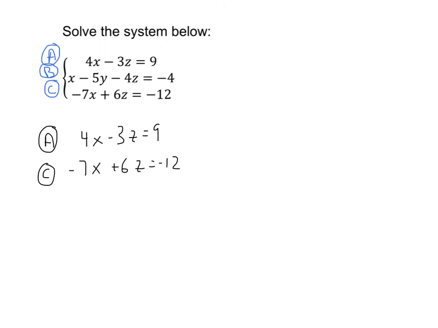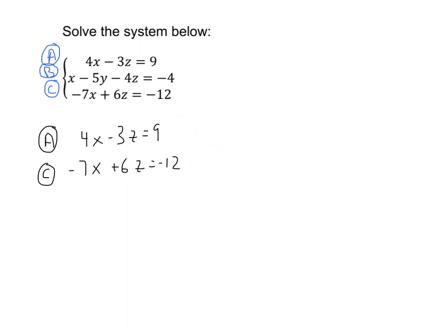Do we know how to work with 2 equations with 2 unknowns? The answer is yes. We've been using substitution and elimination. With 2 equations with the same 2 unknowns, we can create a new equation that just has 1 unknown in it. We're going to do that with our normal technique of elimination.